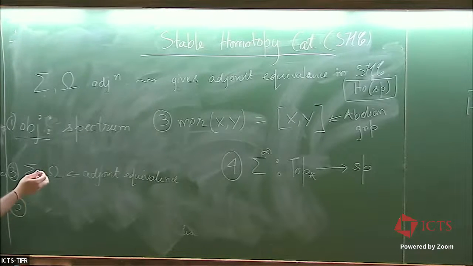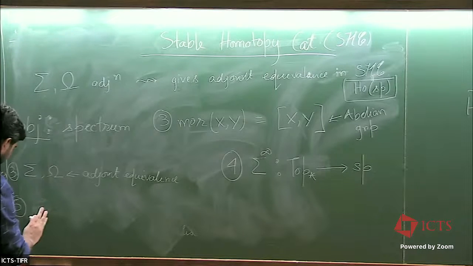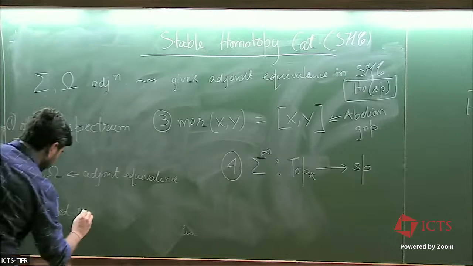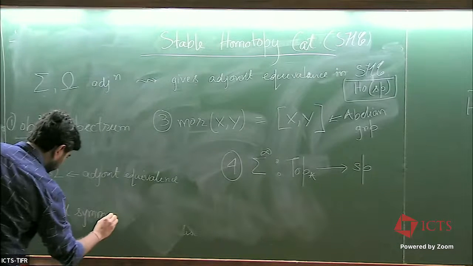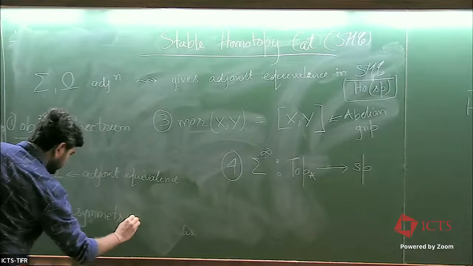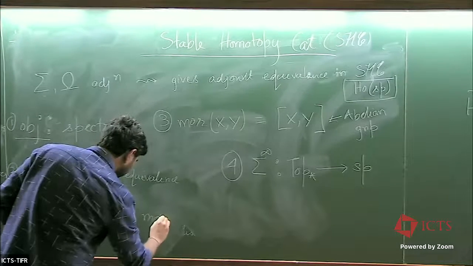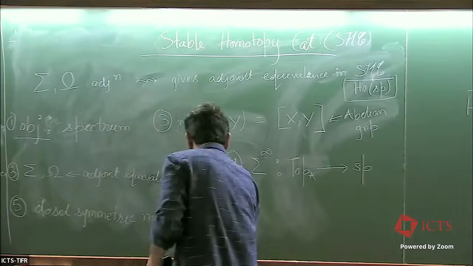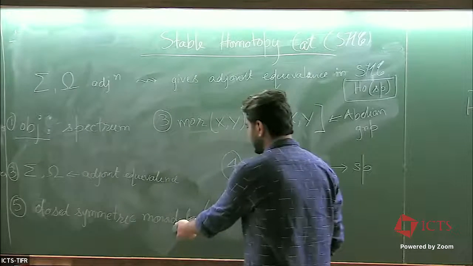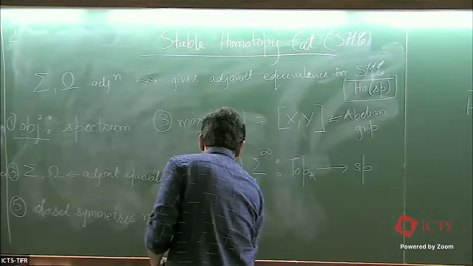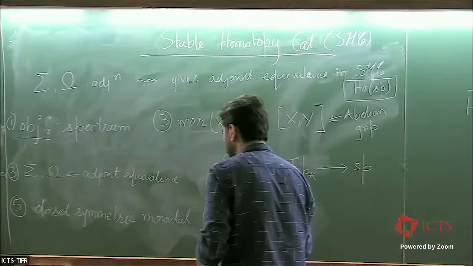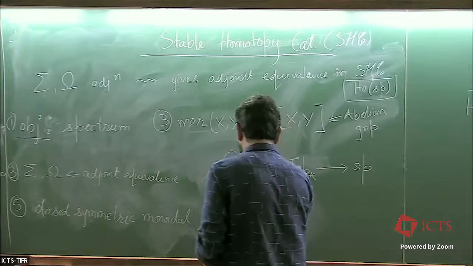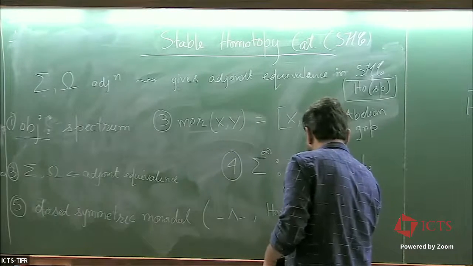This stable homotopy category is a closed symmetric monoidal category, where the monoidal structure is given by this smash product, and there is an internal Hom. So although these are derived ones, I'm just writing it like this.